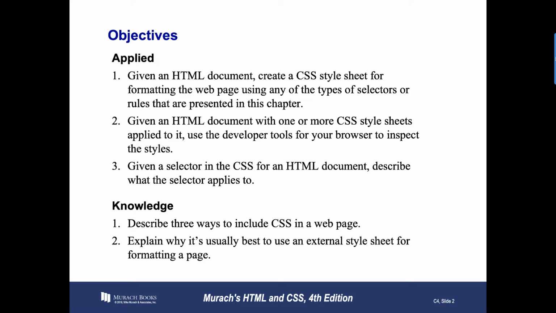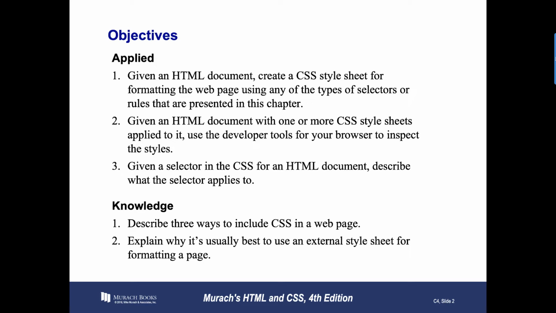Number 2, given an HTML document with one or more CSS style sheets applied to it, use the developer tools for your browser to inspect the styles. Given a selector in the CSS for an HTML document, describe what the selector applies to.